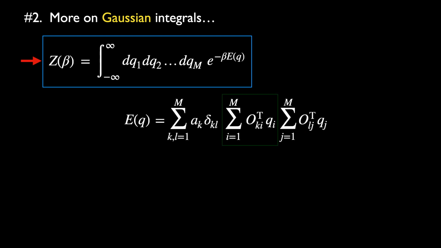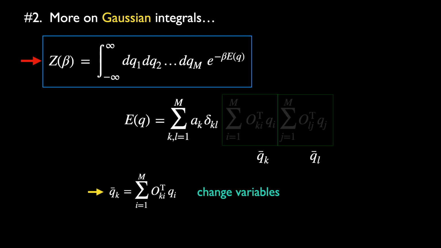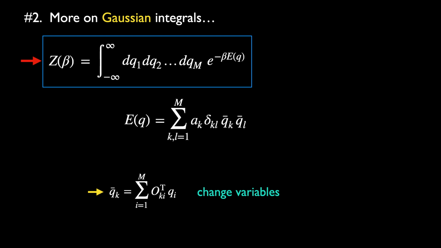These two terms quite naturally tell us what variables we should change to. The new variables are now all decoupled from each other. This is the form of a standard Gaussian.